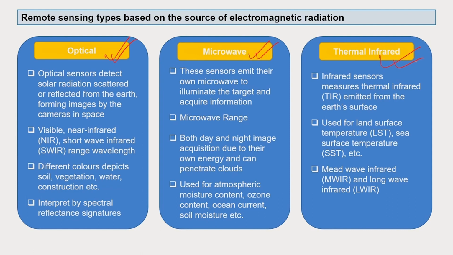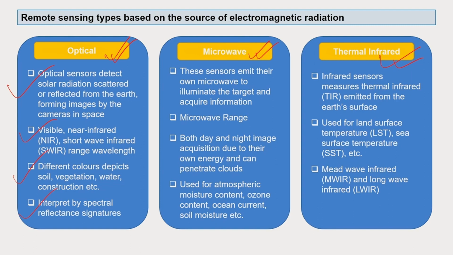Optical sensors detect solar radiation scattered or reflected from the earth's surface, forming images by cameras located in the satellite. They capture visible, near infrared, and short wave infrared wavelengths. Different colors depict soil, vegetation, and water, interpreted by spectral reflectance signatures.